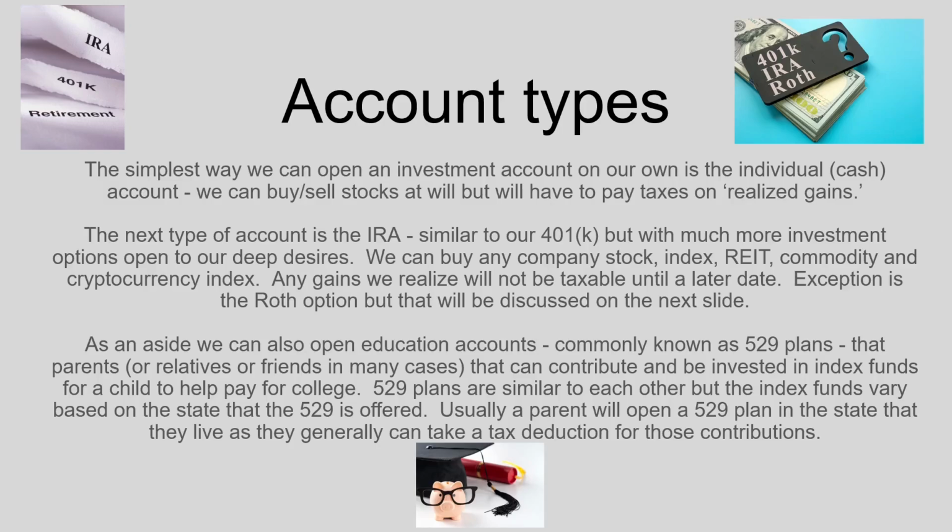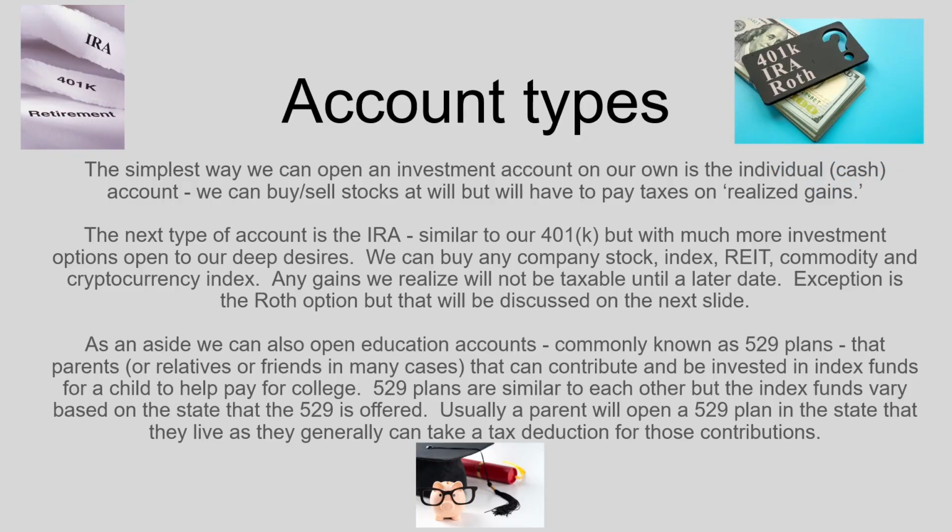So we can buy, as mentioned in the previous slide, company stock, indexes, REITs, commodities, and cryptocurrency indexes. And any gains that we realize will not be taxable until a later date. The exception is with the Roth option, but I'll discuss that in the next slide.